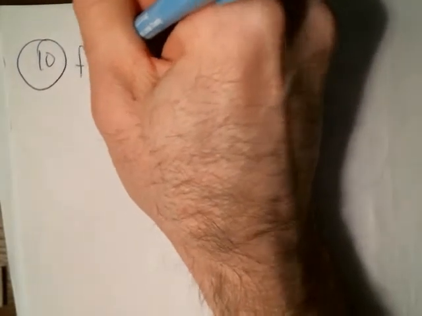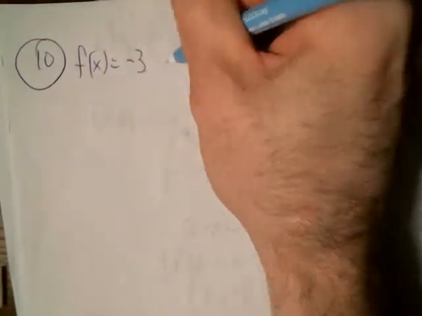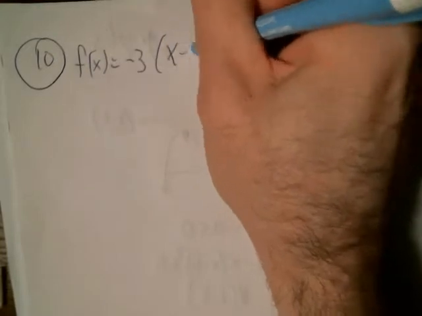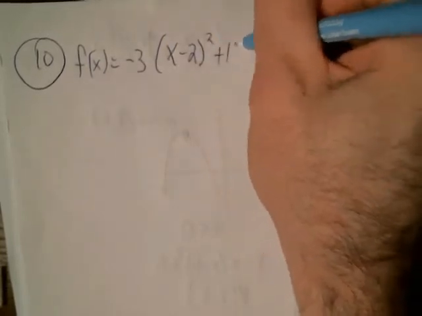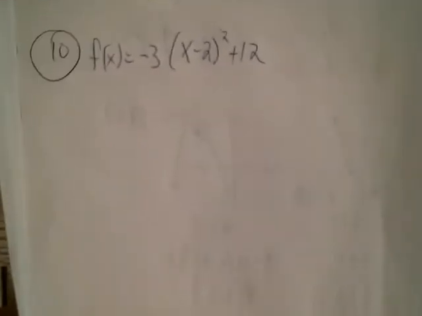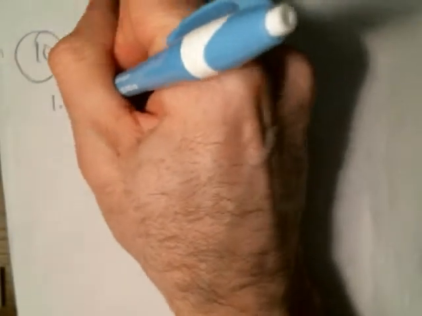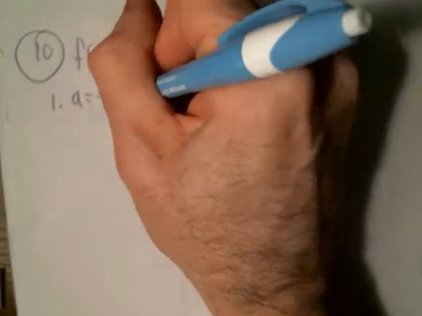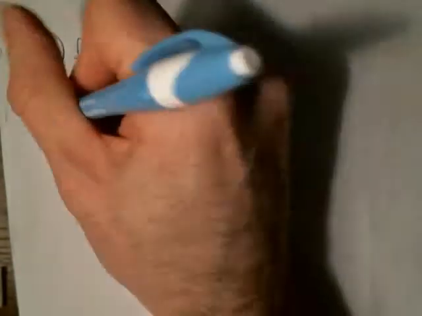All right, then, let's try number 10. We have f of x is negative 3 times x minus 2 squared plus 12. First, the a value is negative 3. That means we have a sad face.